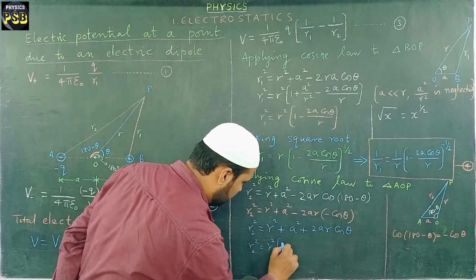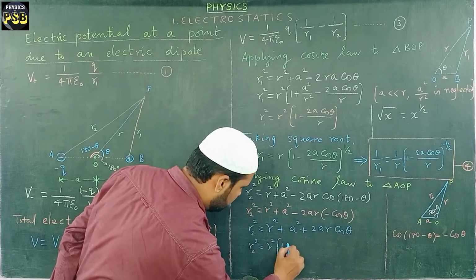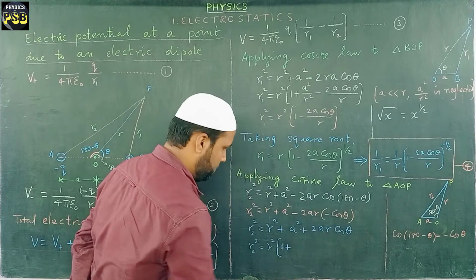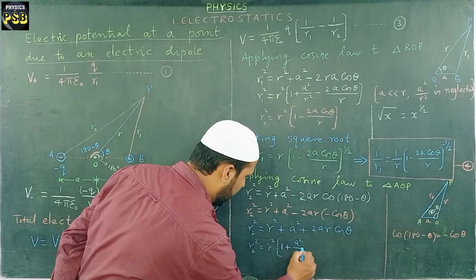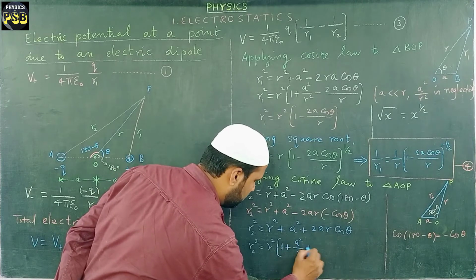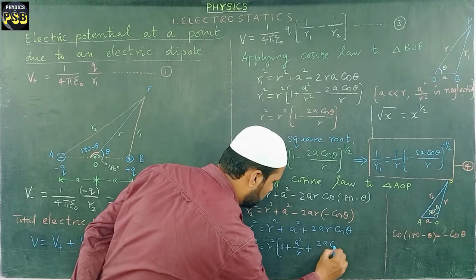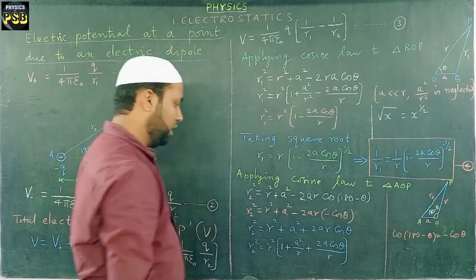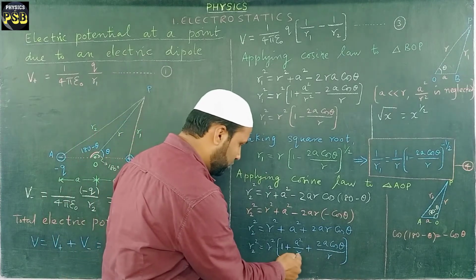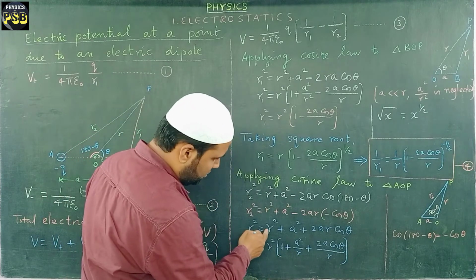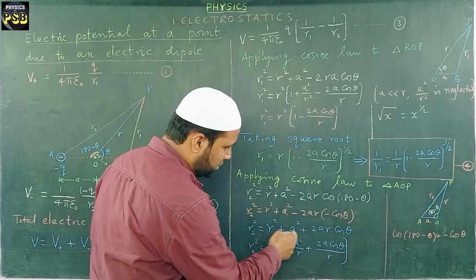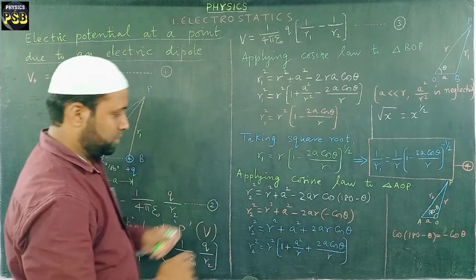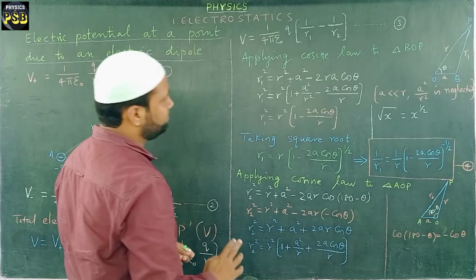There is a 1 here, plus a square upon r square, plus 2a cos theta divided by r. If you multiply each term with r square, you will get the terms present in the previous step. Clear?